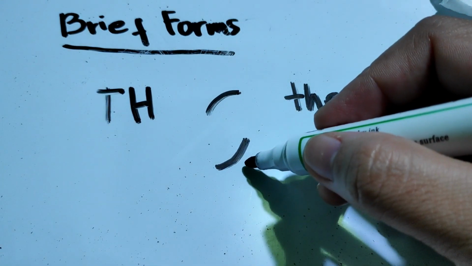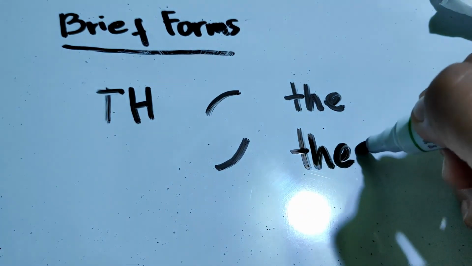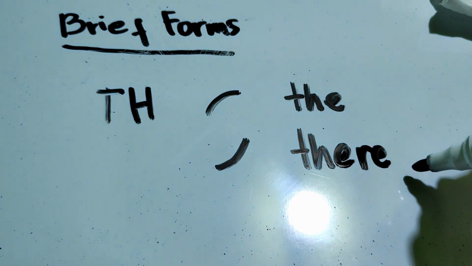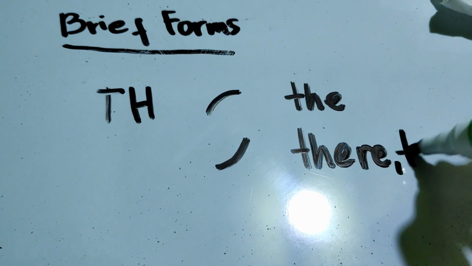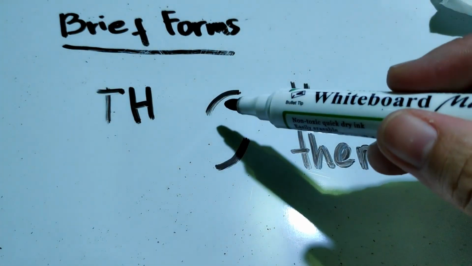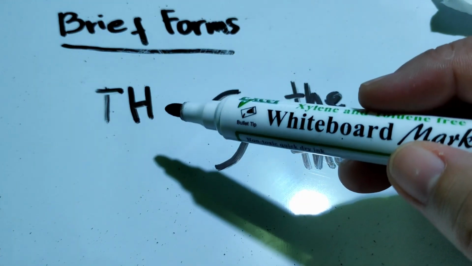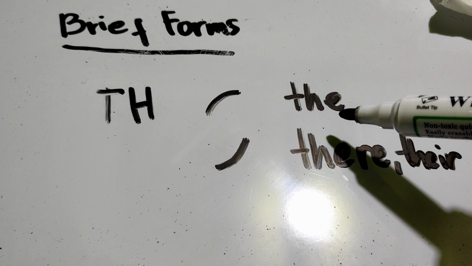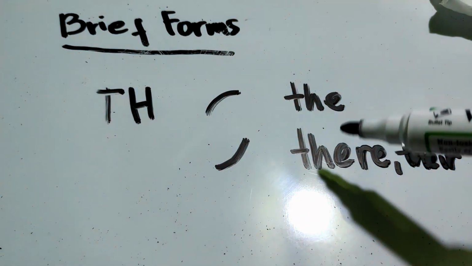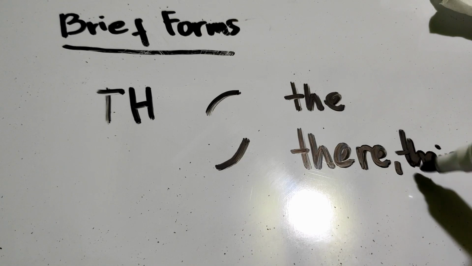Pag kani po ang inyong makita sa inyong stenography notes, nga angay ninyong i-transcribe, matranscribe na siya to there and there. So, for this stroke, for the TH consonant, matranscribe siya as the. For this stroke, transcribe siya as there and there.